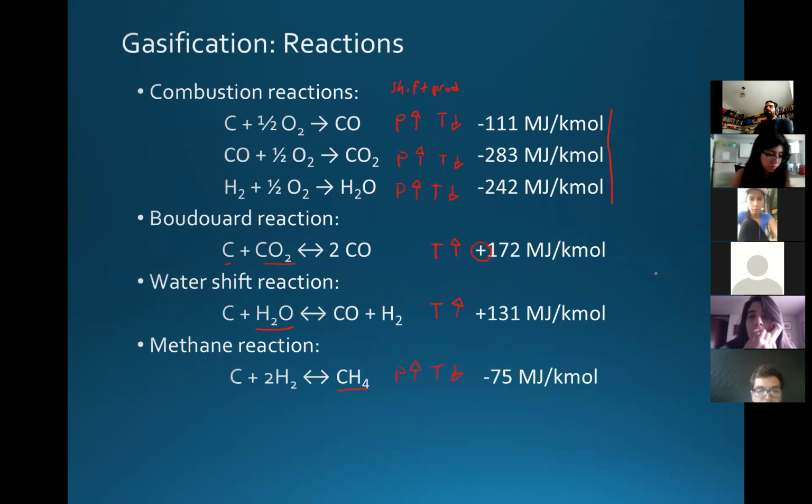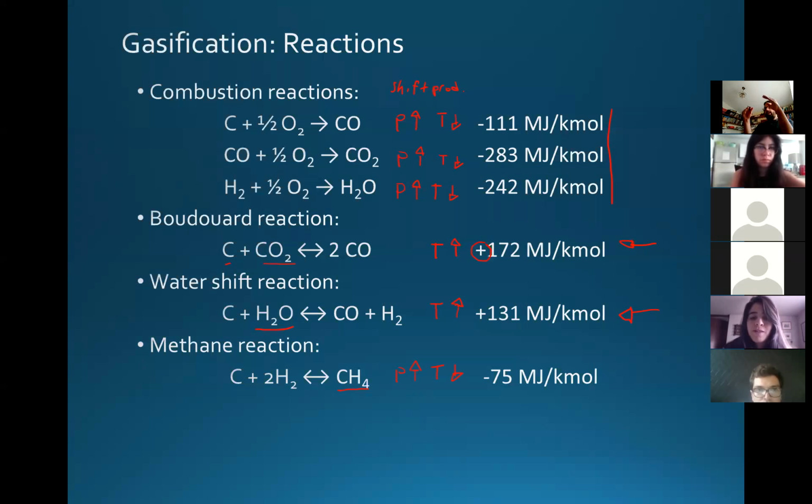So if you see, the 2 reactions that we want are these 2 over here. Okay. So it appears that we need high temperatures to do it, right? High temperatures to promote the reduction reactions and to discourage the reactions that we don't want, like producing methane.